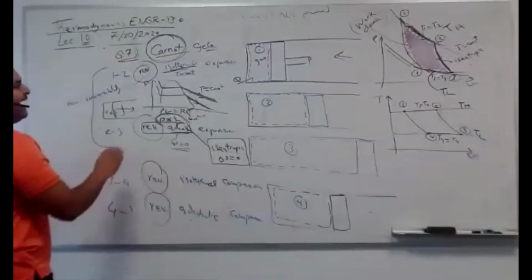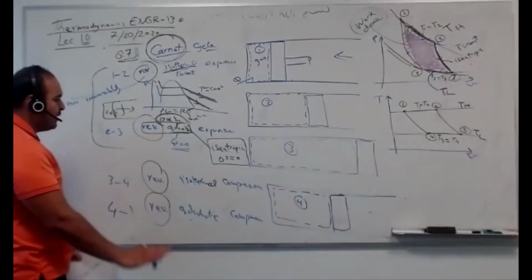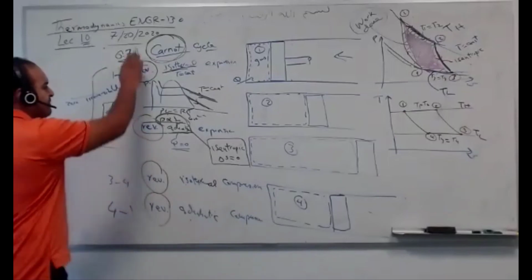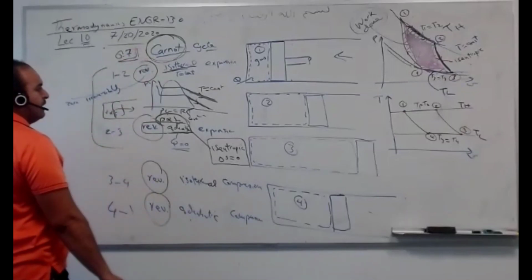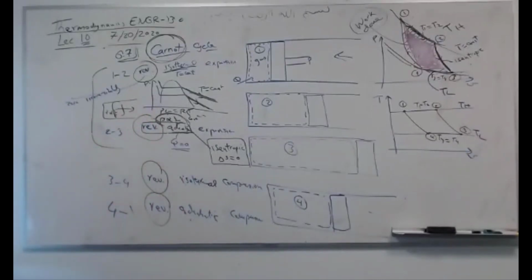What does isothermal mean, guys? Somebody tell me what isothermal is? Temperature is constant. Yeah, T1 equals T2. Perfect. Adiabatic: there is no heat. Everything is reversible. Isothermal, adiabatic, isothermal, adiabatic. It's hard to remember.